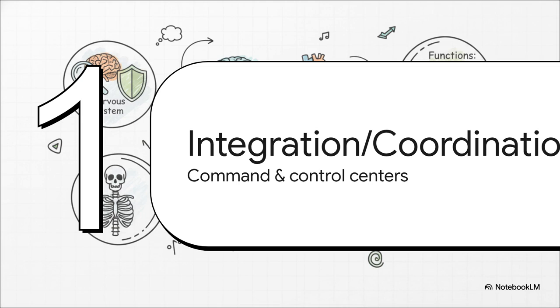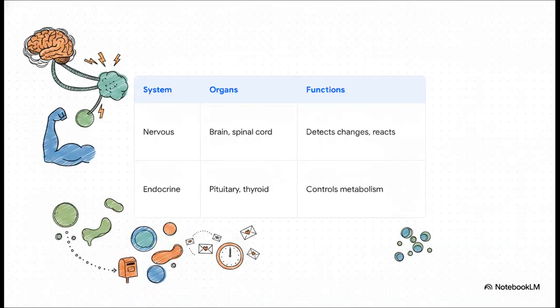Next up is Group 3, integration and coordination. These are the command and control centers of the body. Management in the body is basically split into 2 totally distinct styles. The nervous system, that's your rapid response team. By detecting changes, interpreting complex sensory info, and instantly stimulating muscles or glands, it acts fast. Then you have the endocrine system.